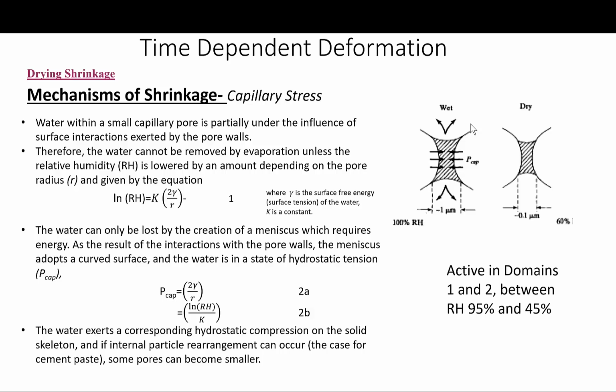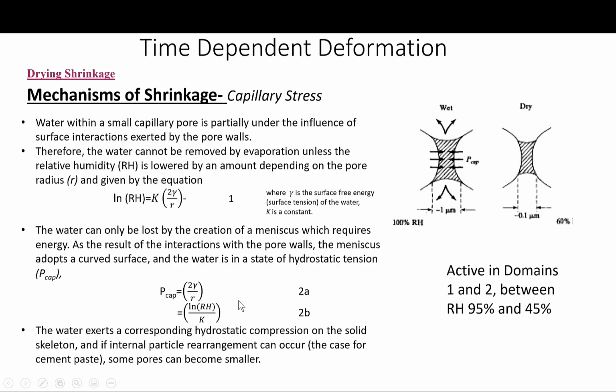And the water is in a state of hydrostatic tension, which is basically the capillary stress, which can be expressed in this equation right here, okay? Which is 2 times gamma over R, the radius, and of course substituting from this equation equals the natural logarithm of relative humidity over the constant K.